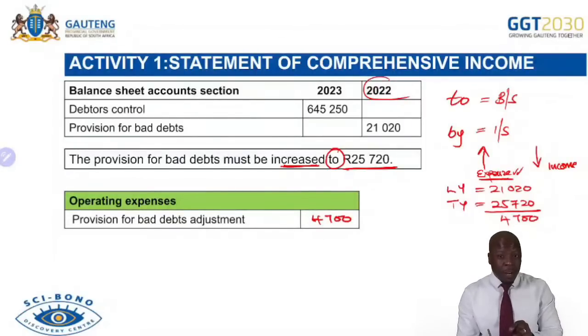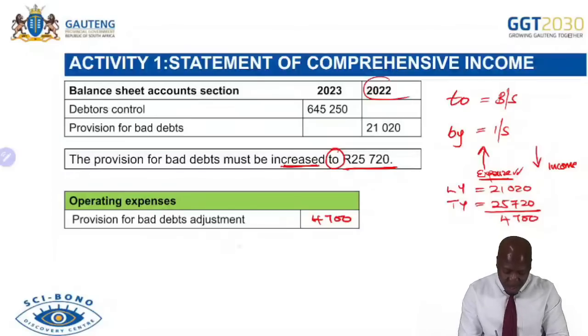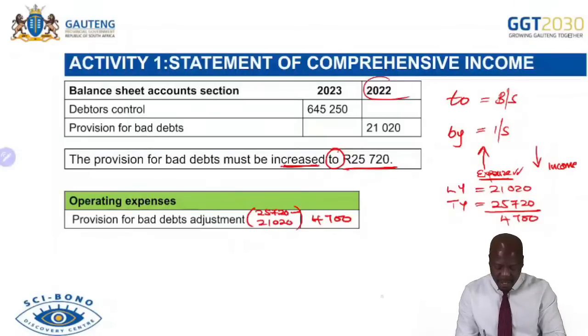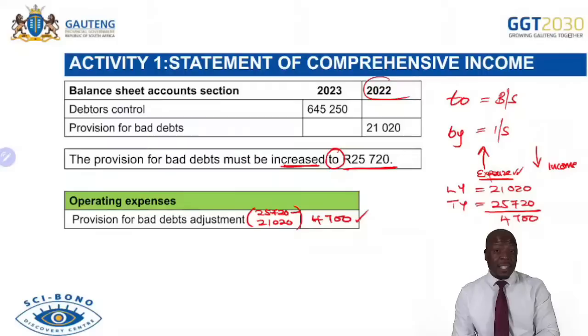What did Mr. Cindy forget to do? Show calculation. So I must have opened a bracket here and say 25,720 minus 21,020. I close the bracket. Then my teacher will know this is how I got the 4,700.